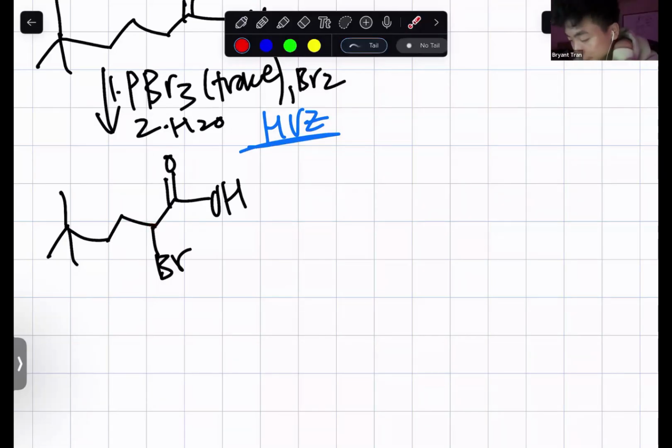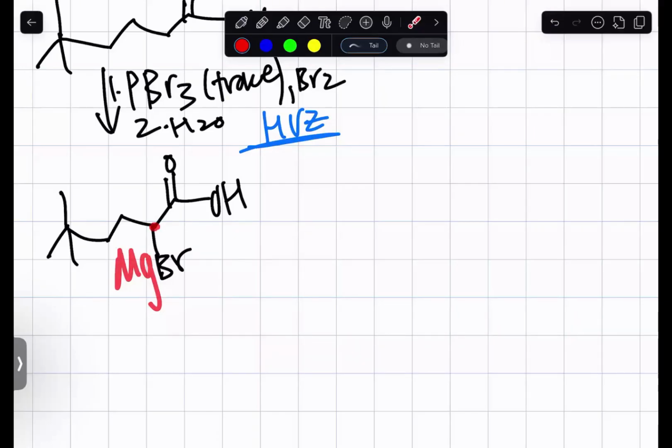So if we tried adding Grignard with Mg, what would be the charge of this carbon here? It is positive right now without the Mg, but if this is MgBr, it would have a partial negative charge. And then that would be a strong nucleophile or strong base.